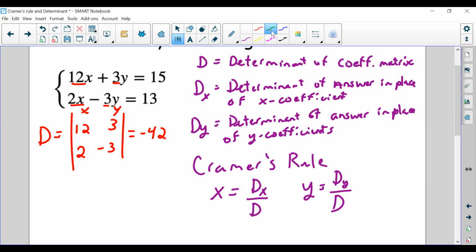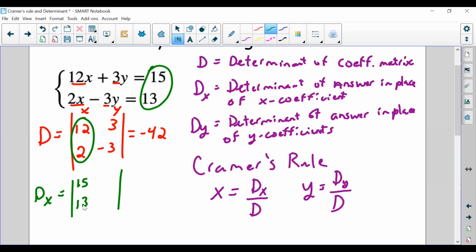Okay. Now I'm going to find and set up D sub x. D sub x says I look back at this red matrix, but in place of every one of these x's, I'm going to plug in my answers. So my first column is now 15 and 13.